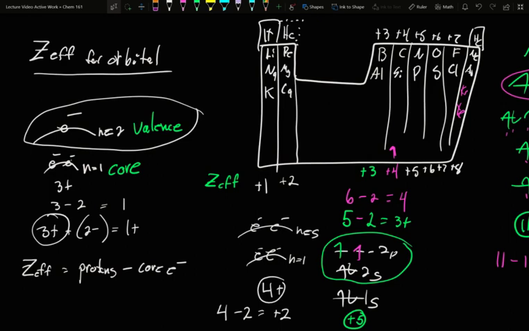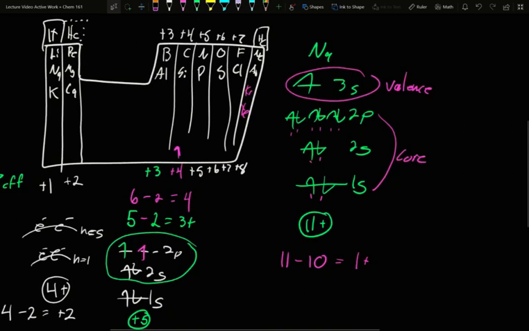Now, Z effective isn't just for valence. If we want to think about it for a second, we can find the Z effective for our 1s. There's 11 protons and no earlier n values for the 1s. So it just sees 11 positives. The Z effective for the 1s on sodium is 11 plus.